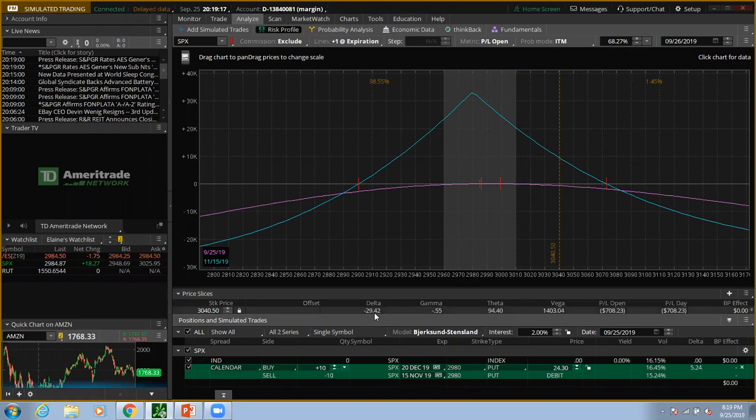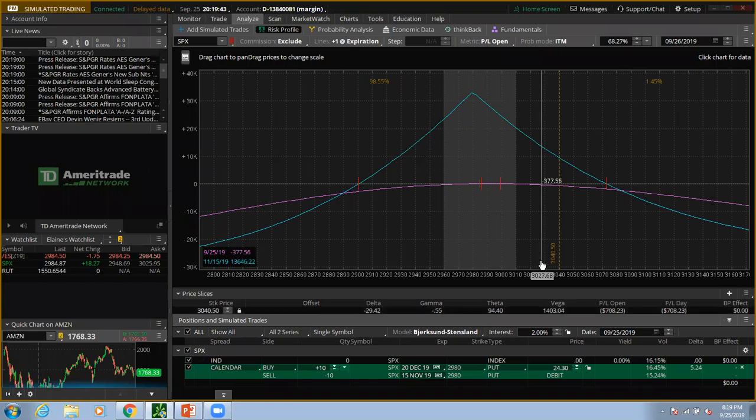Our delta is negative 29, which is telling us we want the market to go down. Our theta is 94. So we're getting to be 30%. We're a bit past it actually. So in this case, if I had put this on and I was sitting in this trade, I would go on and double the thing up and add the second butterfly on top.